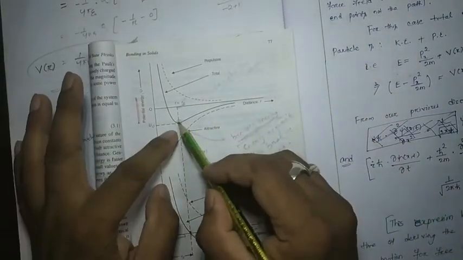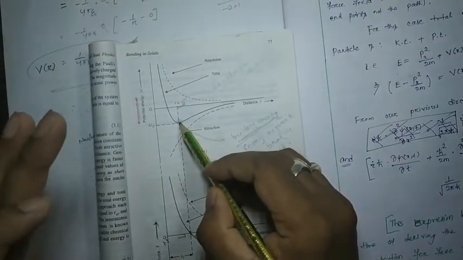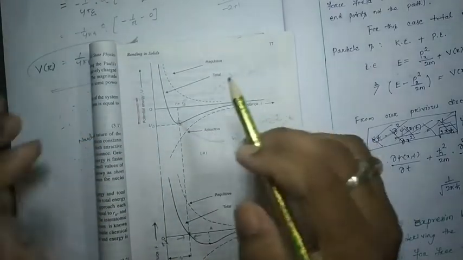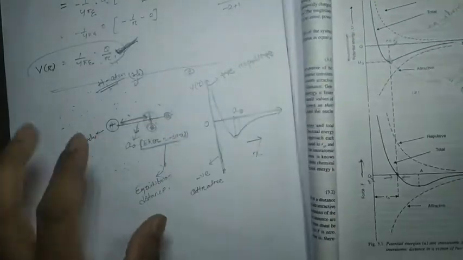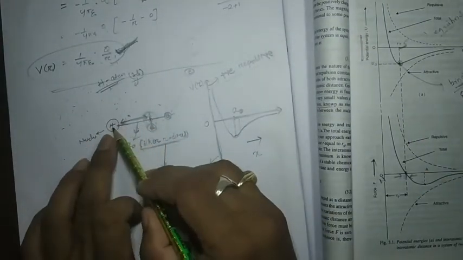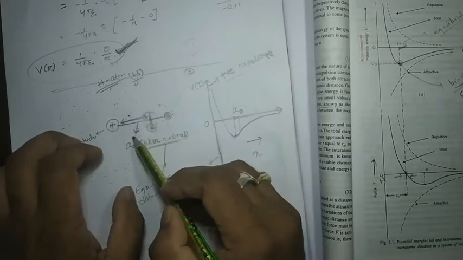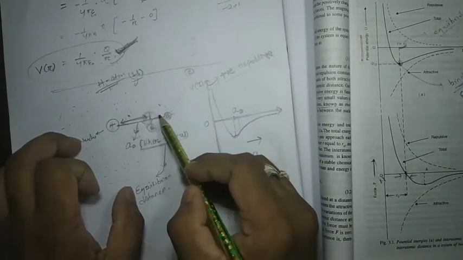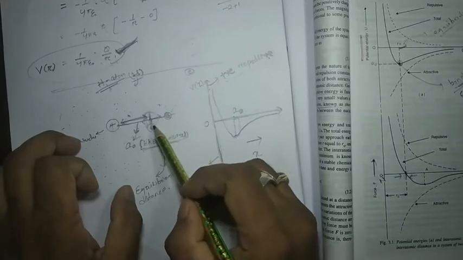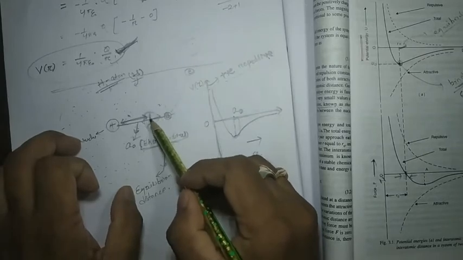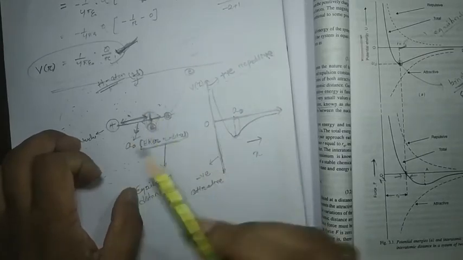At the minimum energy state of the system, if this is the nucleus and the electron, then at this distance a0, as much attractive force as there is, that much repulsive force acts on the electron here. So we can say this is the equilibrium point.